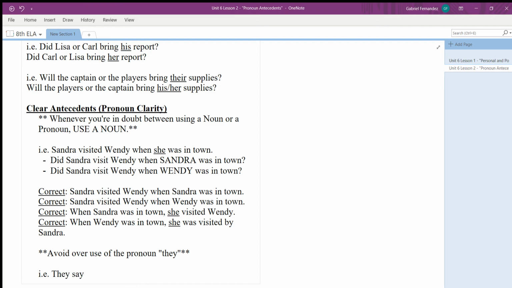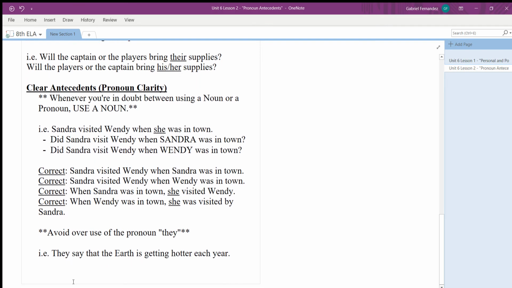They say. You love to use this. They say that the earth is getting hotter each year. A lot of you write like this. They say that the earth is getting hotter each year.